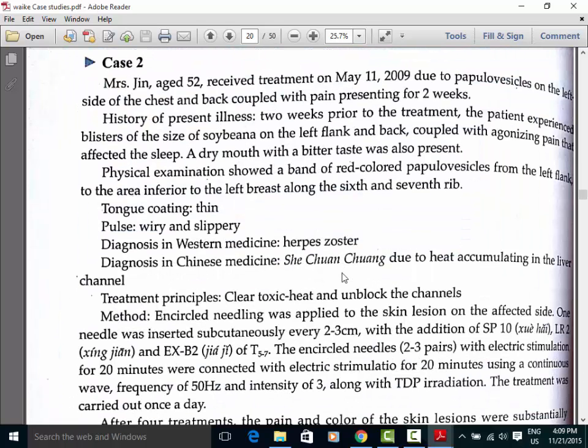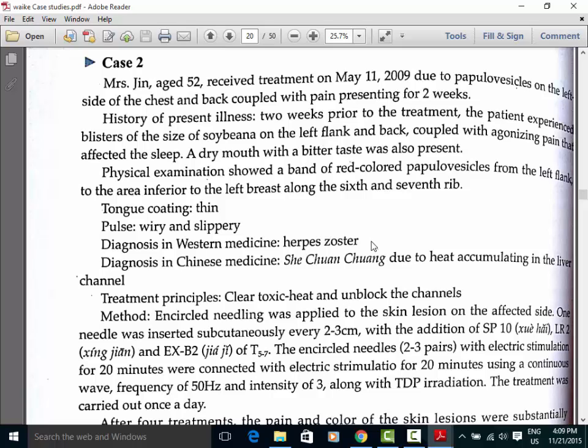Okay. Next one. Here's another case. Papulovesicles on the left side of the chest and rib coupled with pain for 2 weeks. The patient experienced blisters the size of a soybean on the left flank and back, coupled with agonizing pain that affected sleep.